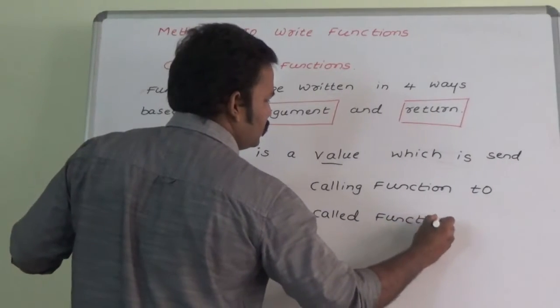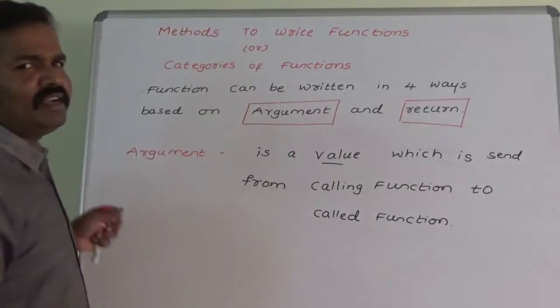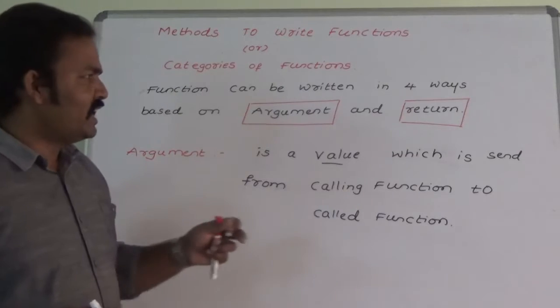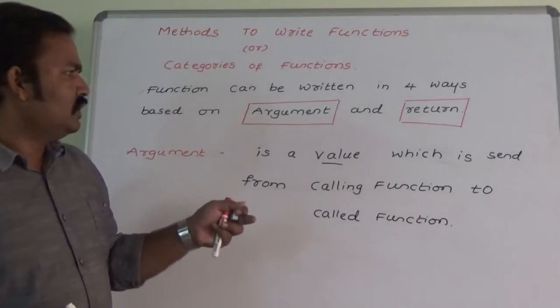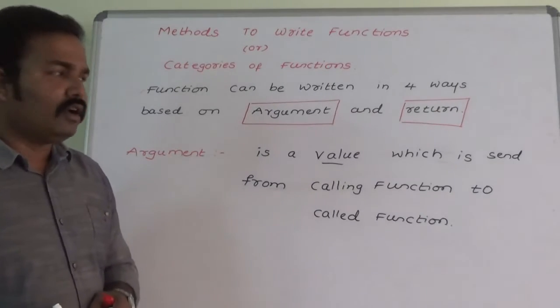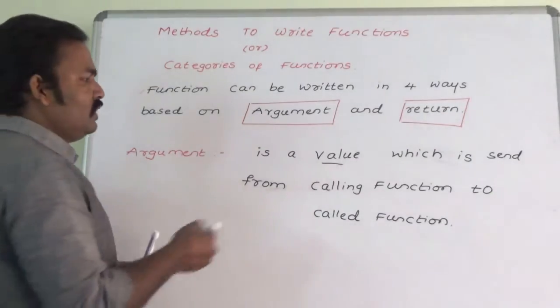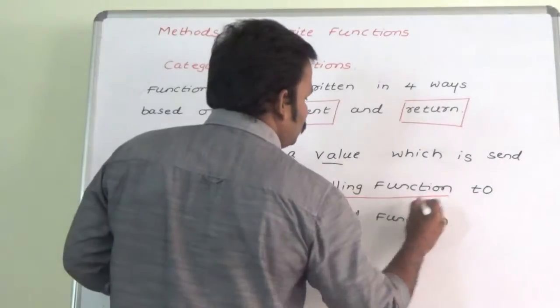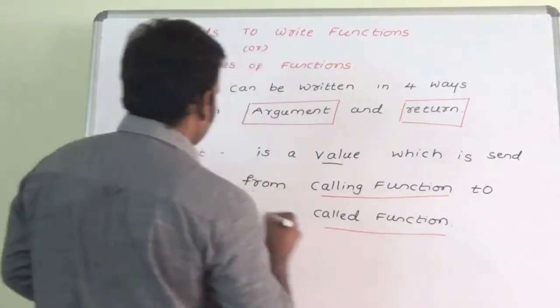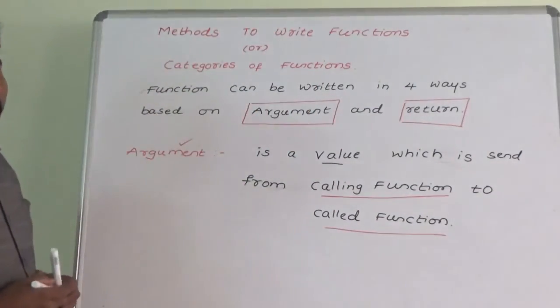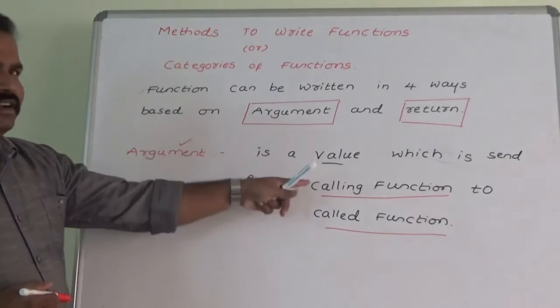So what is an argument? Argument is a value which is sent from calling function to called function. So the value which is sent from calling function to called function is called argument. Okay, clear?